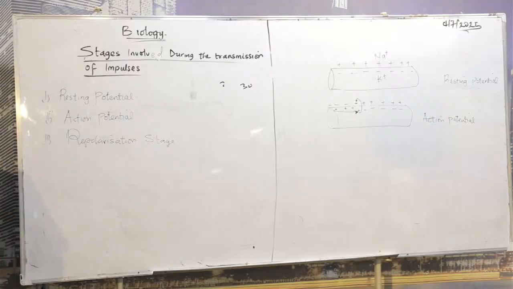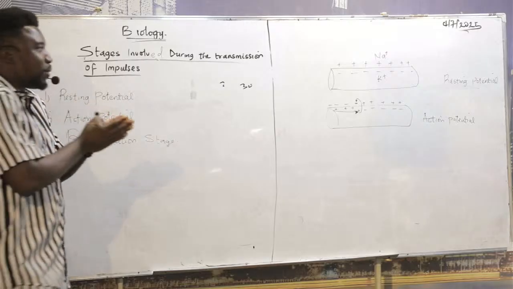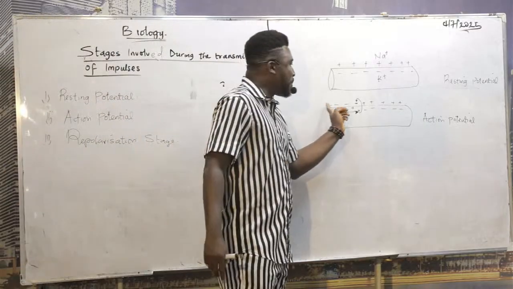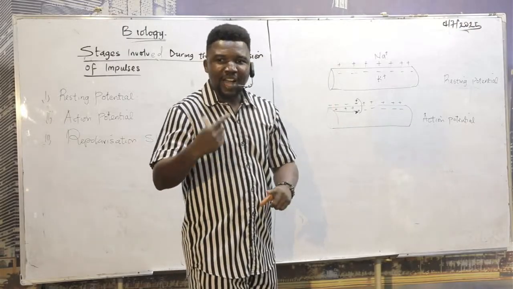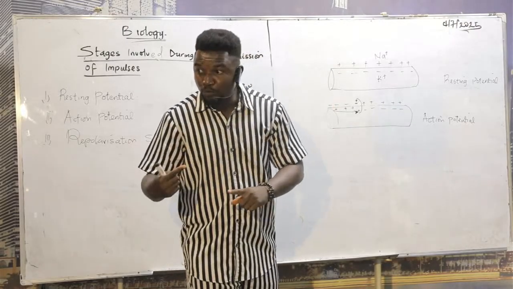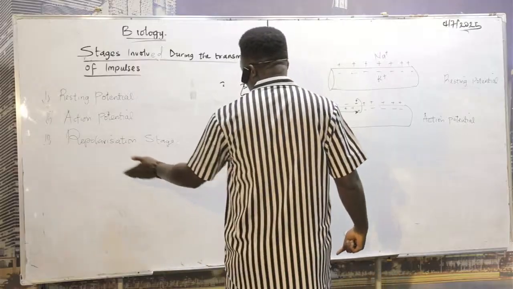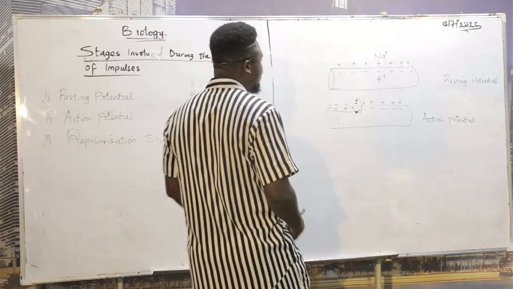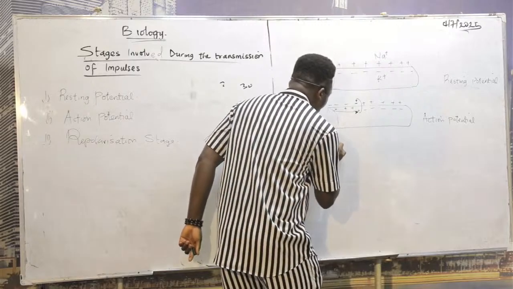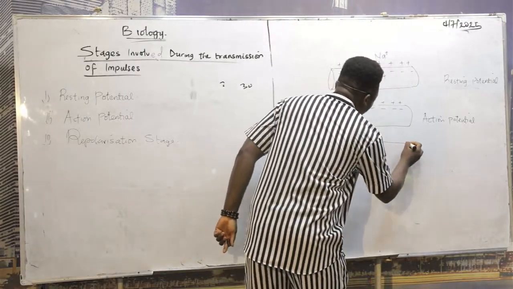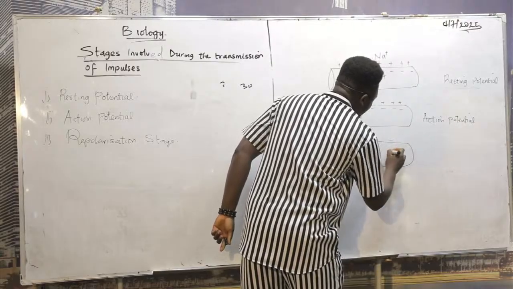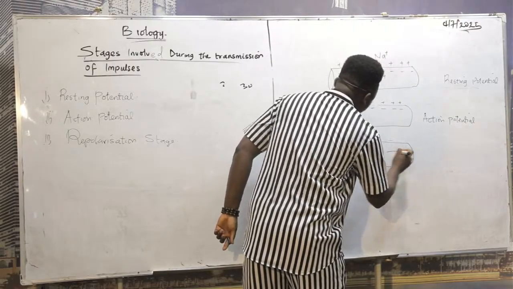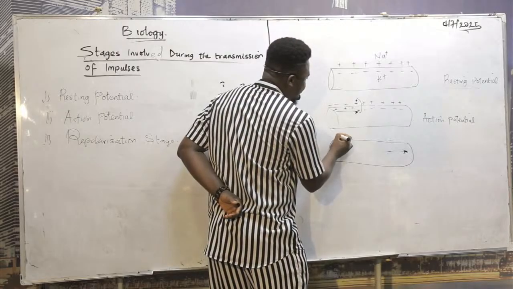Do you understand? Now, after the passage of impulses, do you think this will remain minus, minus, and plus? The nerve will now repolarize itself. That is the last part, called the repolarization stage. At this point, let's say this is the movement of the impulse. Here it is already repolarized.